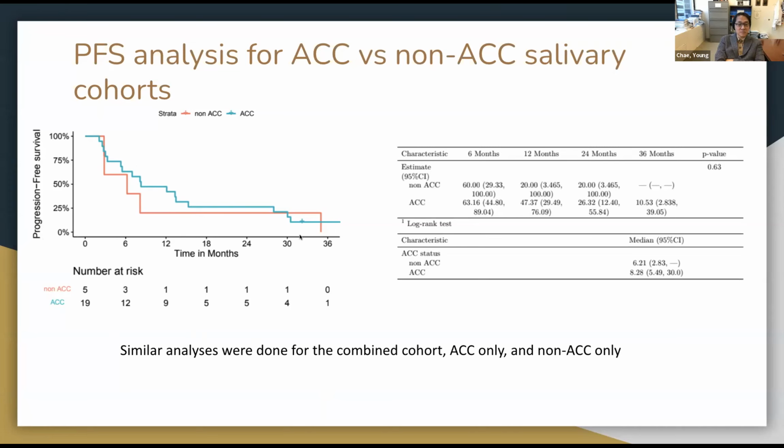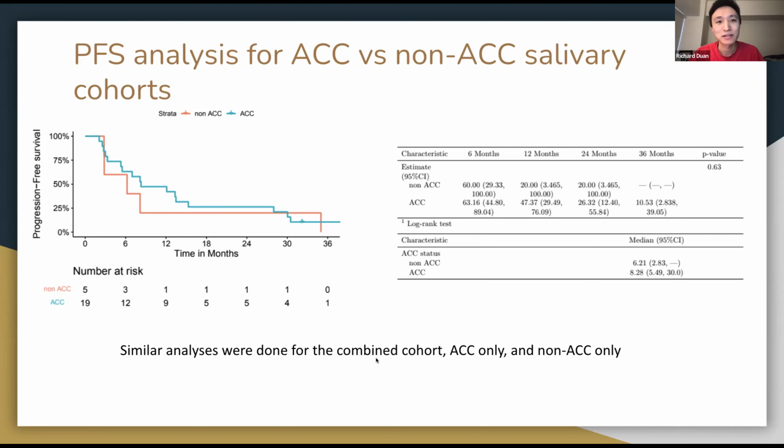There is no statistical difference between them. And they listed out at 6, 12, 24, 36 months the estimated progression-free survival in the table on the right. This is good. This has to be in the main figure.